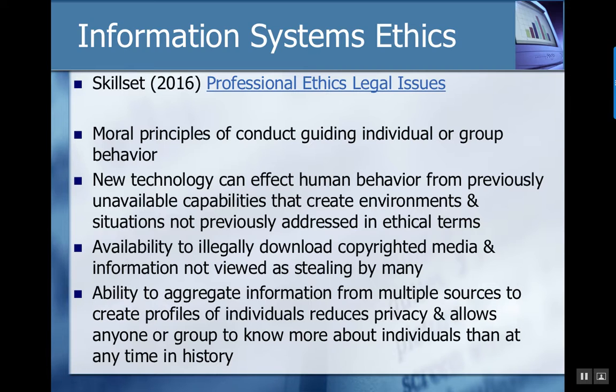In addition, this is kind of a new thing, the ability to aggregate information from different sources to create profiles of people really reduces privacy and allows more to be known about people without them being totally aware of it than maybe at any other time before. So these are some of the big areas, especially as we're looking at this field right now, this idea of information system ethics. This is one of a couple of the hot areas that are big topics that we're trying to work our way through.